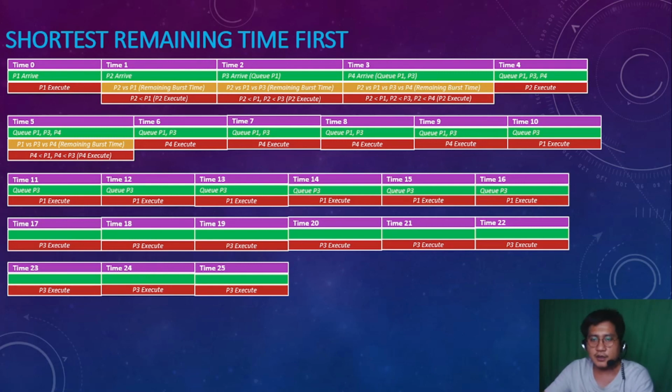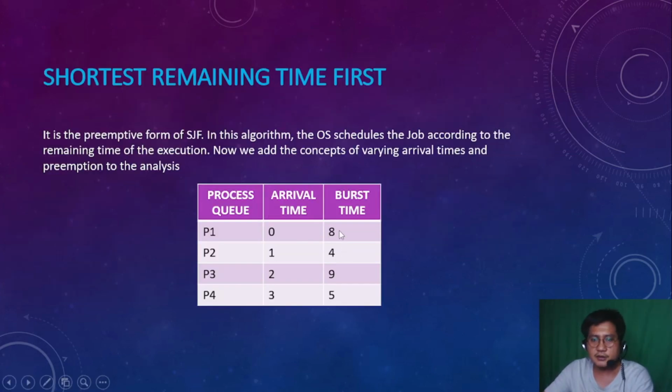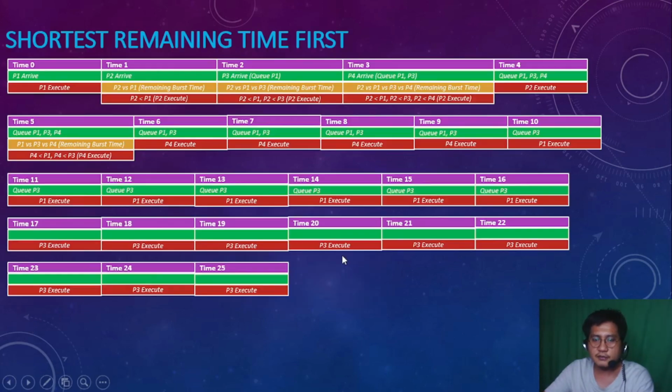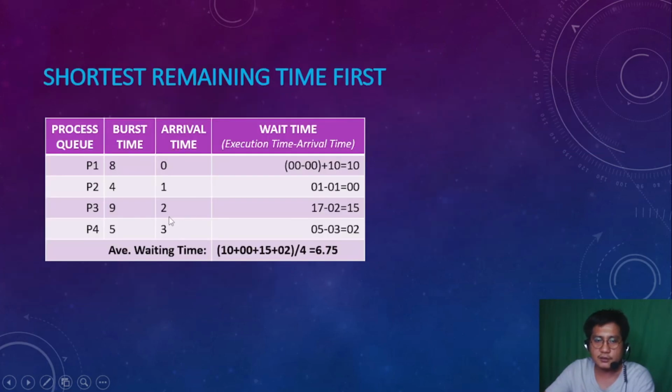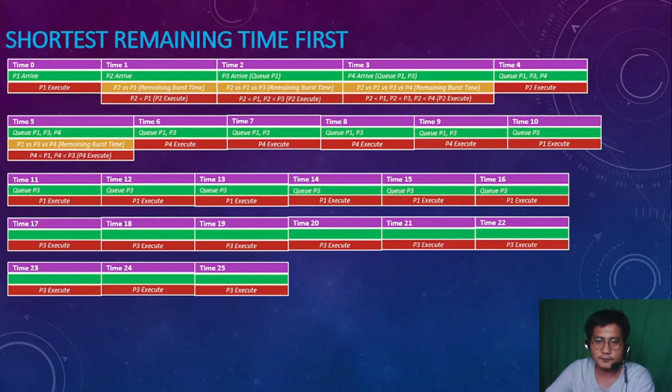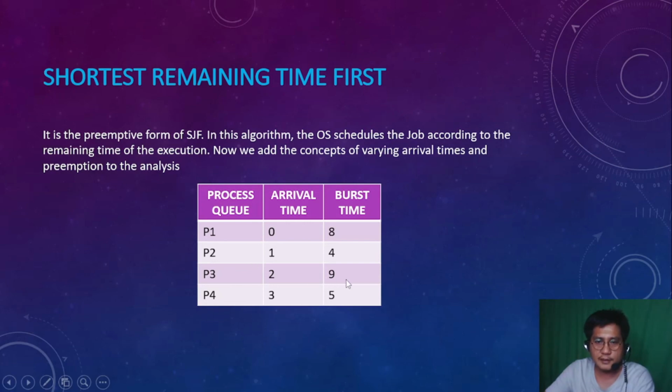If we go back to the previous slides, the burst time of P1 is already 7, and for process 2, since we executed it at time 1 and time 2, it now has a remaining burst time of 1.